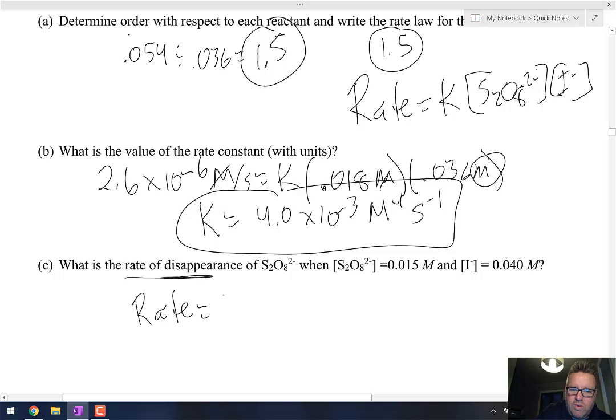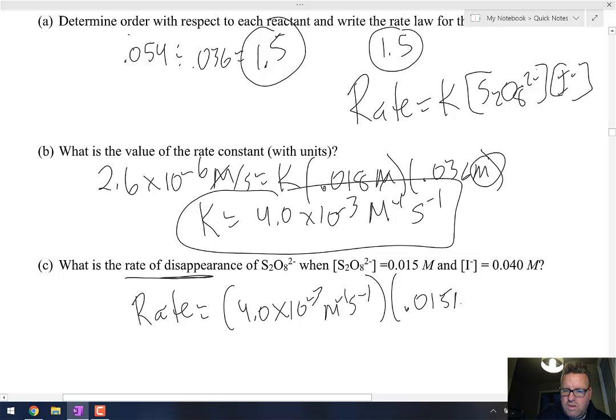So the rate is going to equal the rate constant, 4.0 times 10 to the minus 3, molarity to the minus 1 seconds to the minus 1, times the concentration of S2O82 minus, times the concentration of I minus. Again, notice this molarity to the minus 1, and one of those molarities will cancel, so you'll be left with molarity per second.